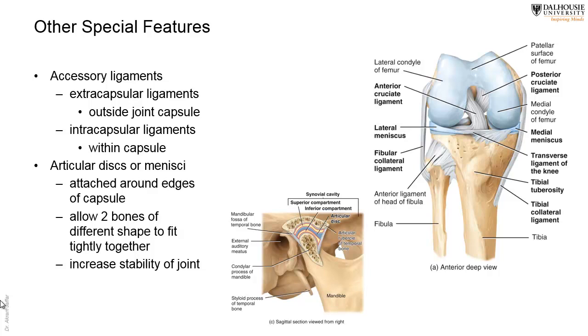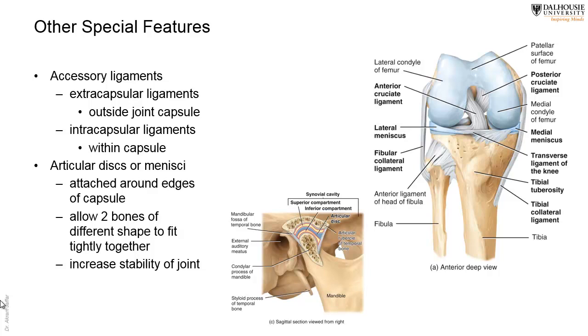For example, here, this is a knee joint, and you can see on either side of the knee there is a ligament. The capsule has been removed, but the thickened part here is an accessory ligament, which is an extracapsular ligament. This one is called the medial collateral ligament. This one is called the lateral or fibular collateral ligament.